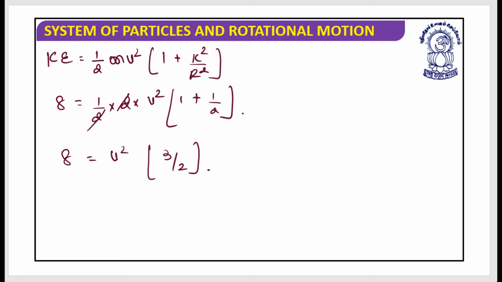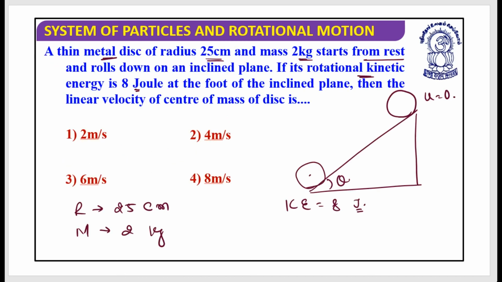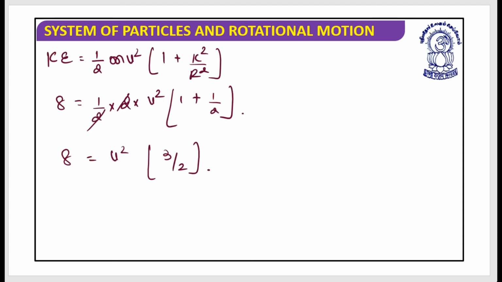One second. They said it's the rotational kinetic energy, so I need to change this. They are talking about the rotational kinetic energy, while this is the total kinetic energy.